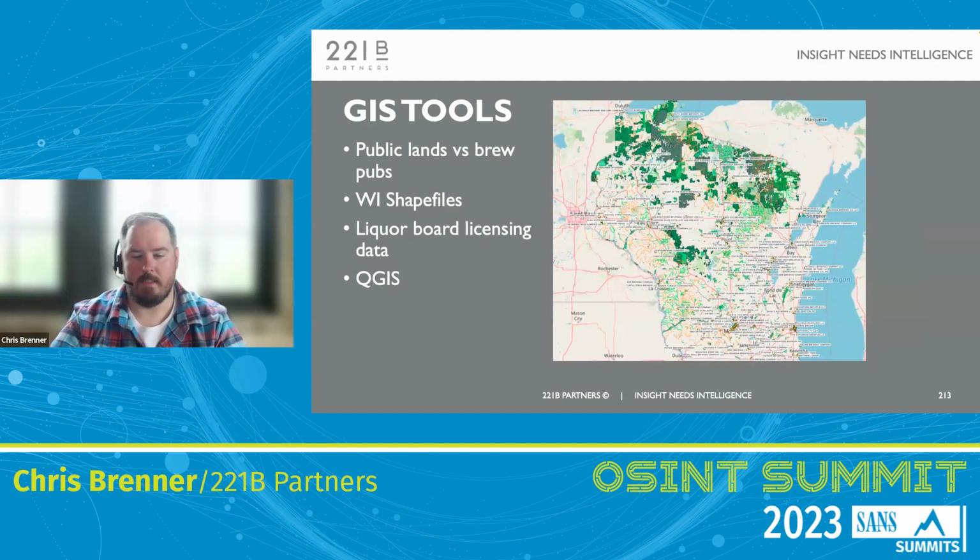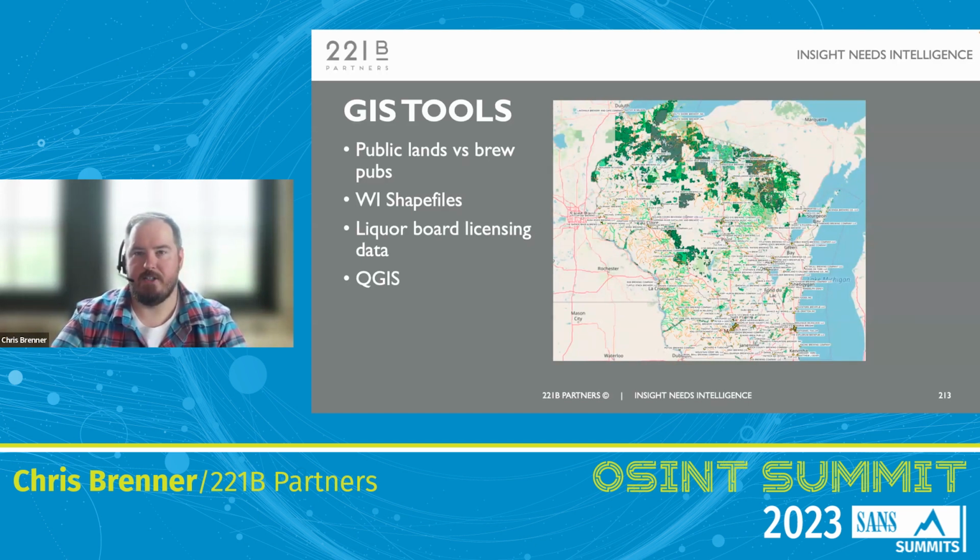And then this is an example of some of that kind of government data. While I was teaching myself how to use this just for fun, I downloaded some stuff from the Wisconsin Department of Natural Resources, which was these shape files, the green layers there of all public land in Wisconsin.